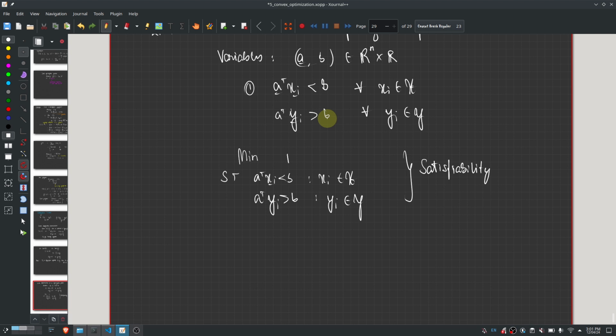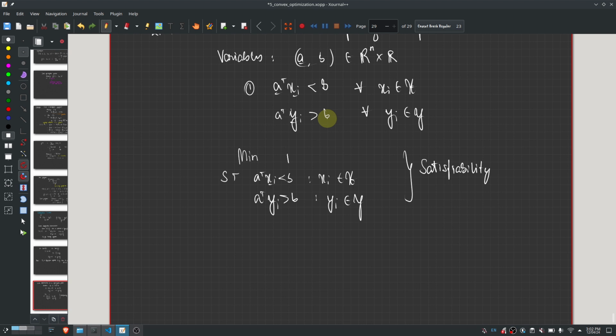There is no restriction. What do you mean by the boundary points? Okay, but a hyperplane is described by the normal vector and b, nothing else. Okay, suppose that there exists a unique hyperplane that separates these two.